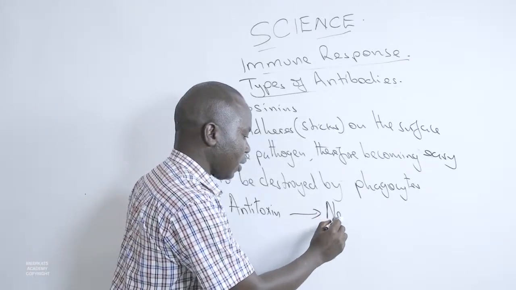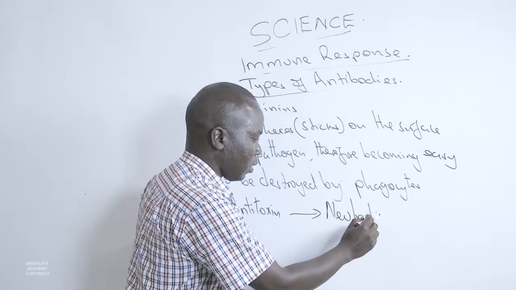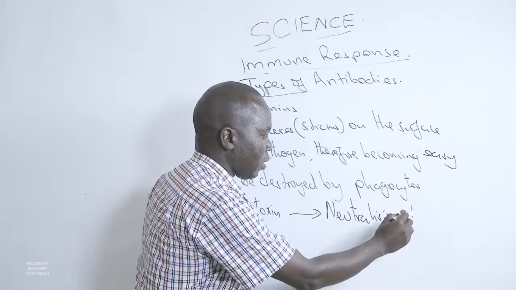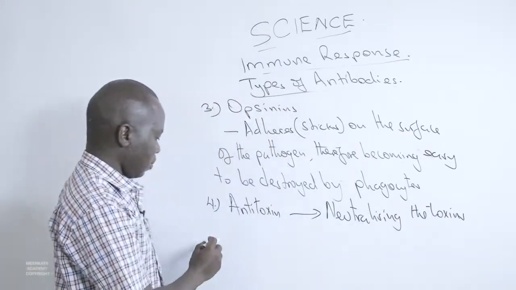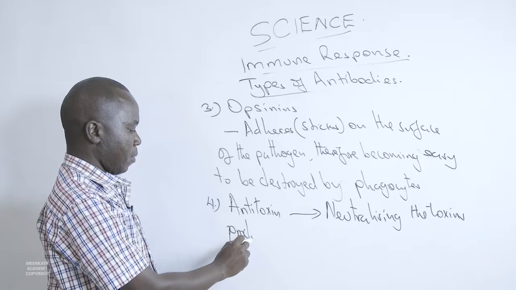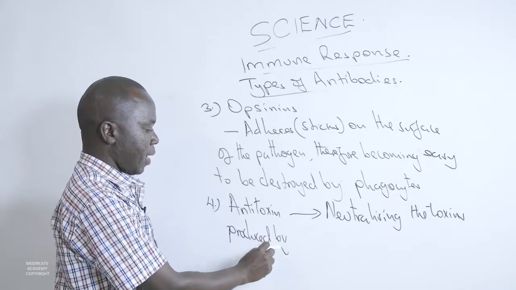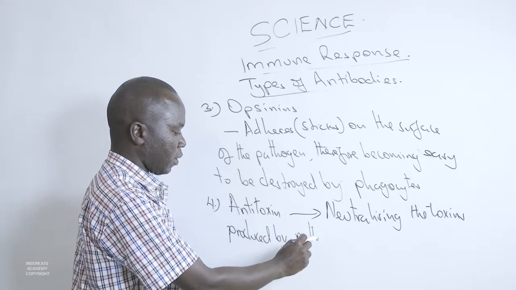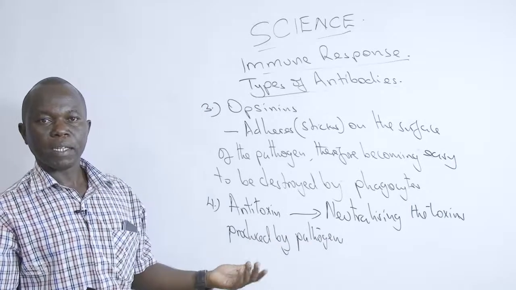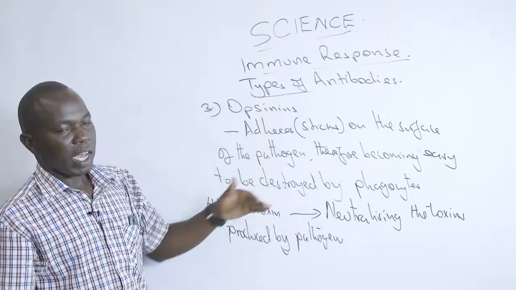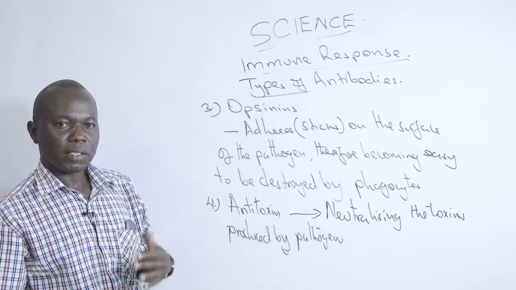So this one acts by neutralizing the toxins, neutralizing toxins produced by pathogens. If this is going to happen, then they will have acted against the antigen.